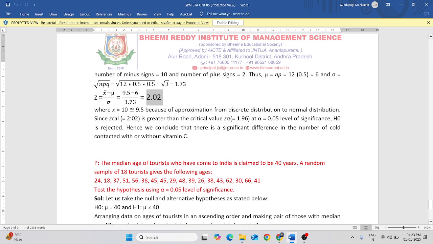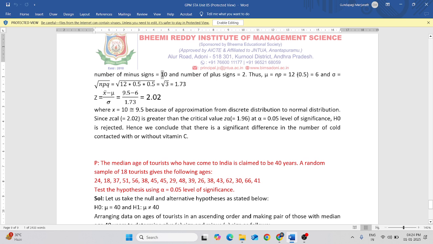Here x is actually 10, the number of signs is 10. Because we are converting the discrete distribution to the normal distribution by adding 0.5 or sometimes subtracting 0.5, here we have subtracted and we are taking 9.5.